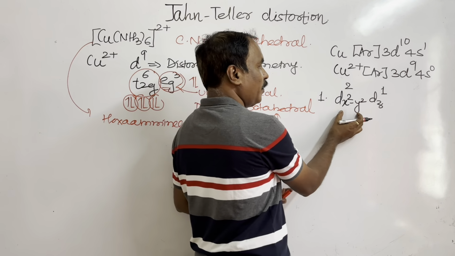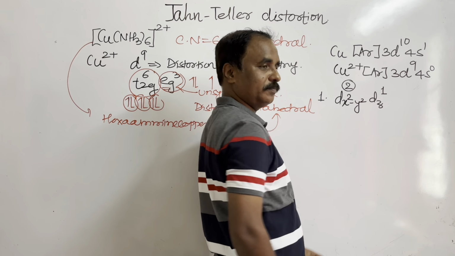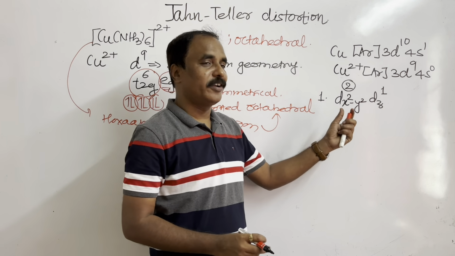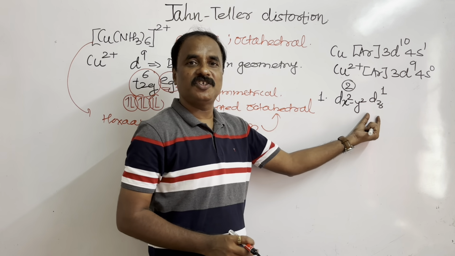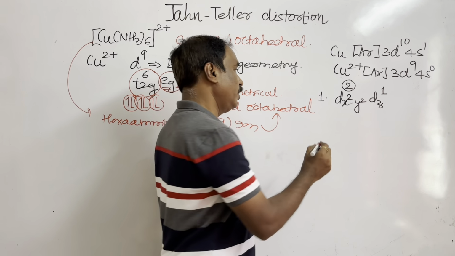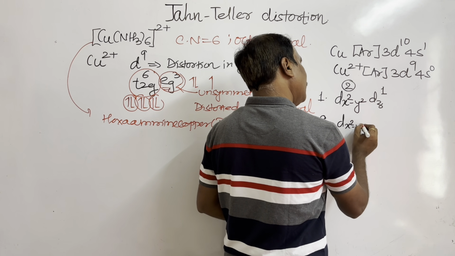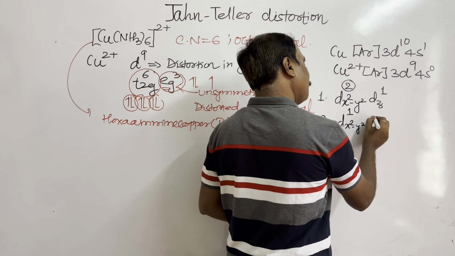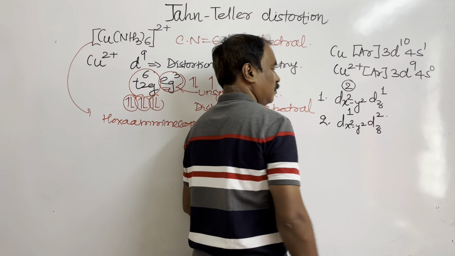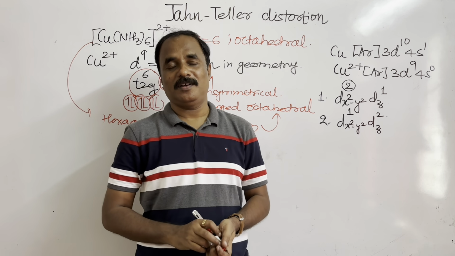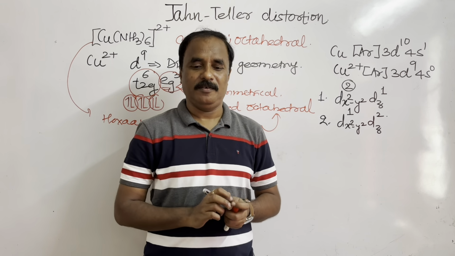In dx square minus y square there are two electrons, and in dz square there is one electron. Both these are degenerate. Energy of dx square minus y square and dz square is exactly the same. What is the second possibility? Second possibility, when the unpaired electron is present in dx square minus y square, and paired electrons are present in dz square. So what will happen?